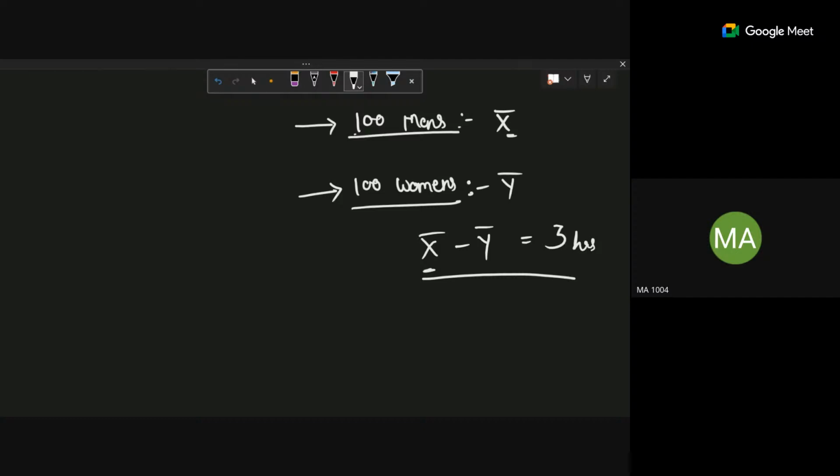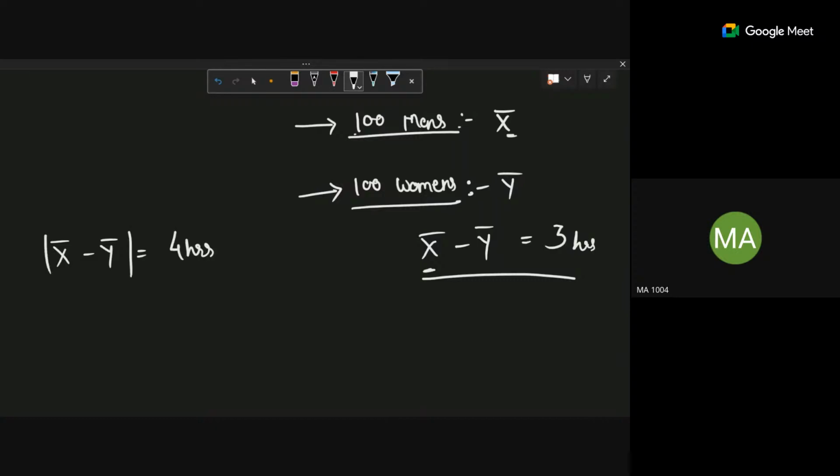By just studying a sample of 100 men and 100 women, will it be okay to conclude anything? No, right? If some one person does this study, and a second person does the same study, then he or she may get x bar, y bar with a difference of, let's say, 4 hours.